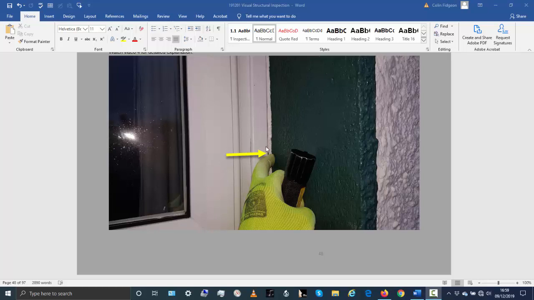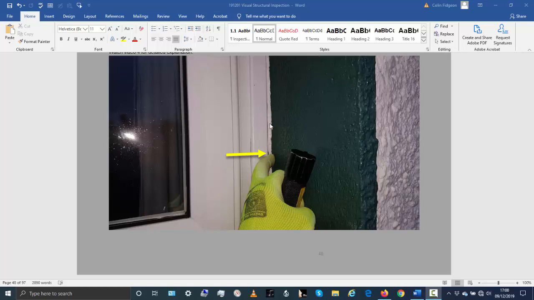So this seal needs to be redone. Basically the reason it hasn't adhered to the window frame is because the surfaces weren't prepared properly. The surfaces need to be cleaned and prepared properly for the silicone to adhere correctly, and it was probably not done very well. So I would fix this first.